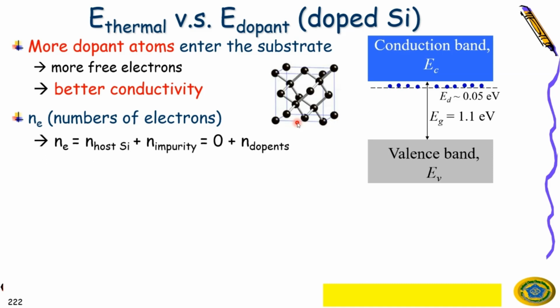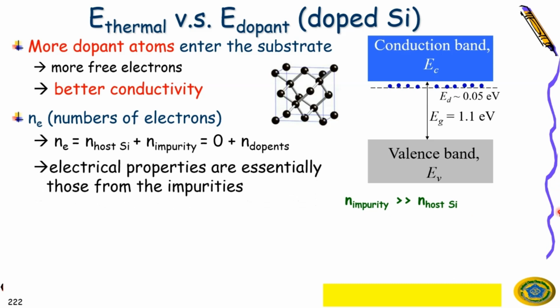So the number of electrons is equal to the number of holes plus the number of impurities. And you know the number of electrons from the silicon itself is very small. So this property is all dominated by the electrons from the dopant. The number of electrons from the impurity is much more than the number of holes in silicon.